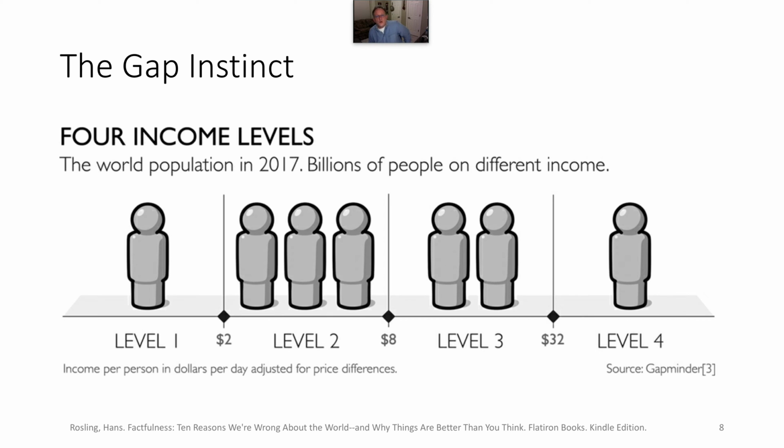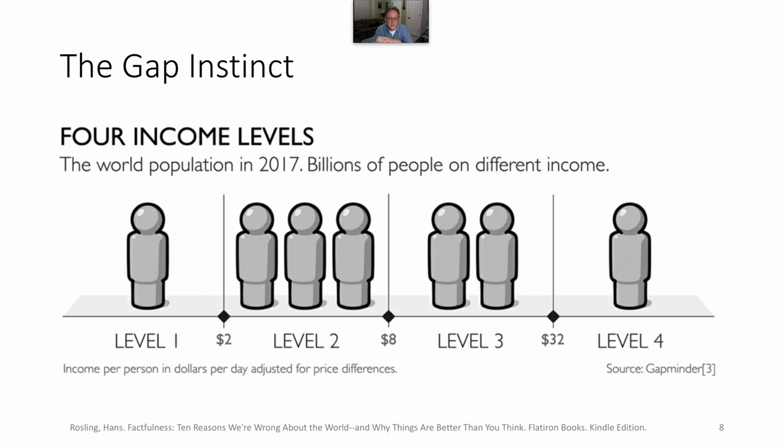Instead of having two categories, rich or poor, West or East, high income, low income, it really is more appropriate to say there's at least a little bit more granularity there.